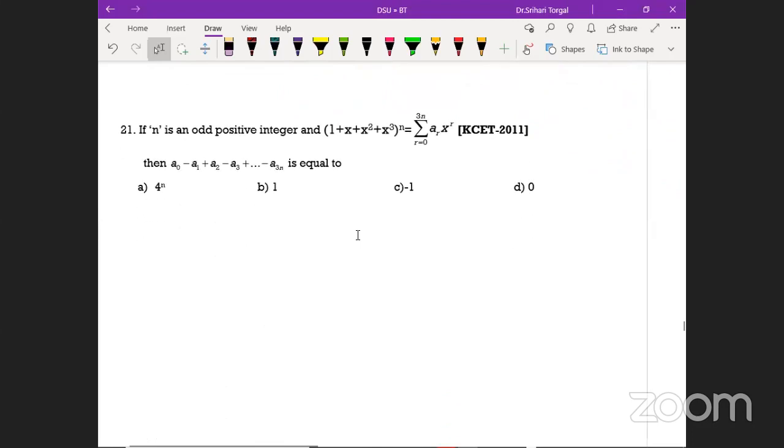Now, the 2011 problem. An alternate series is there. Tell me what we have to substitute if an alternate series is there. Put x equal to what? Exactly, -1. Very good. Put x equal to -1 and get the answer.